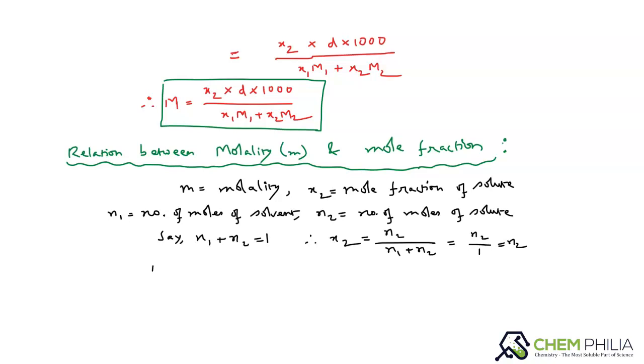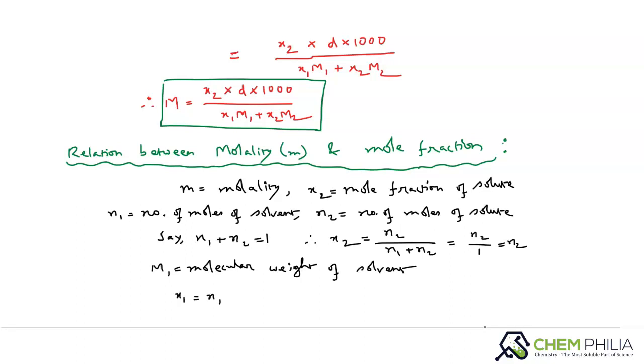And m1 is equal to molecular weight of solvent, clear, and x1 is equal to n1. From this relation we are getting this. Okay, x1 is equal to n1.